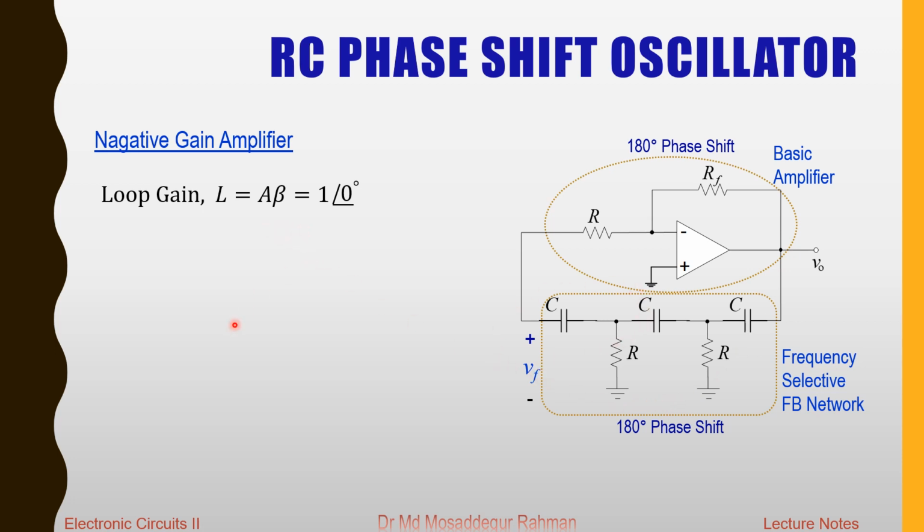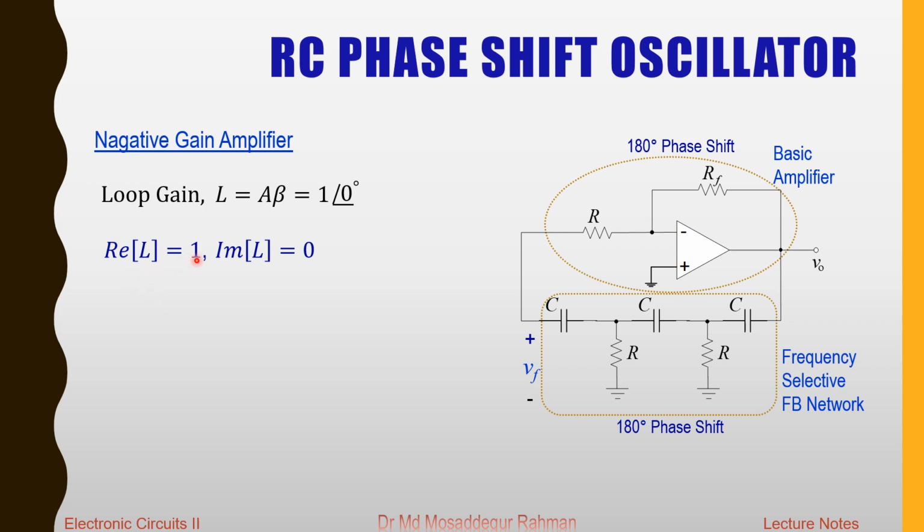And then you take the product A beta, equate it to 1 + j0, equate the real part to 1, the imaginary part to 0, and from that you will get the frequency of oscillation and also the magnitude of oscillation.